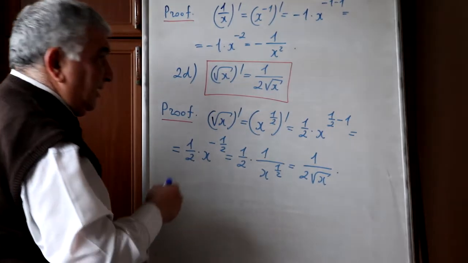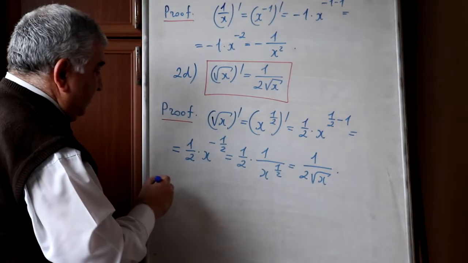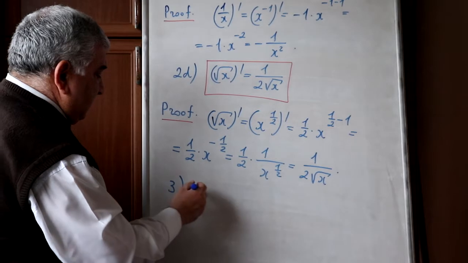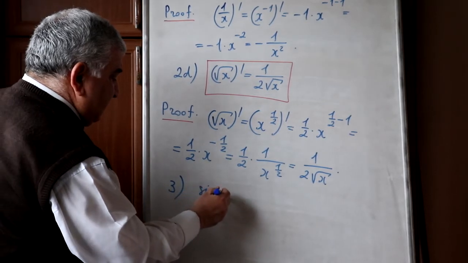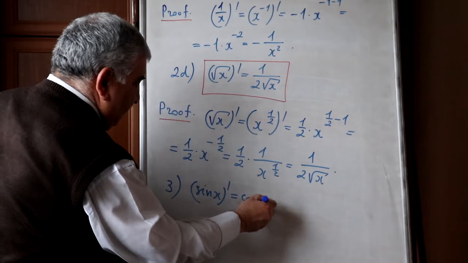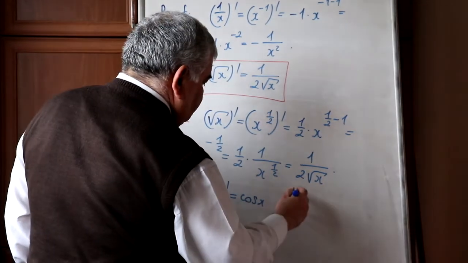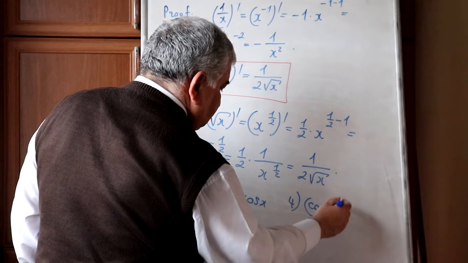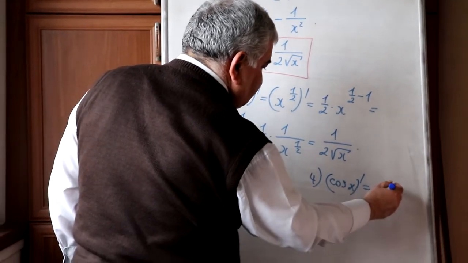Then write the next formulas. Third formula: sine x prime is cosine x. Fourth formula: cosine x prime is minus sine x.